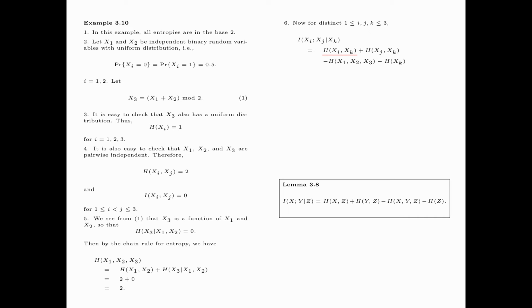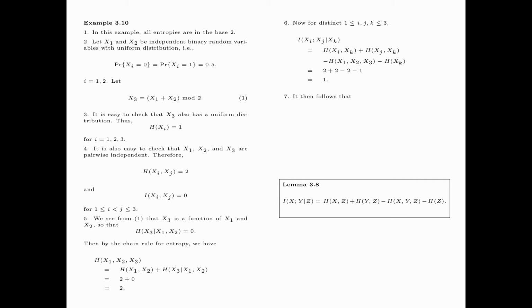Now entropy xi, xk and entropy xj, xk are both equal to 2. Entropy x1, x2, x3 equals 2, and entropy xk equals 1. Therefore, the mutual information between xi and xj given xk is equal to 1.